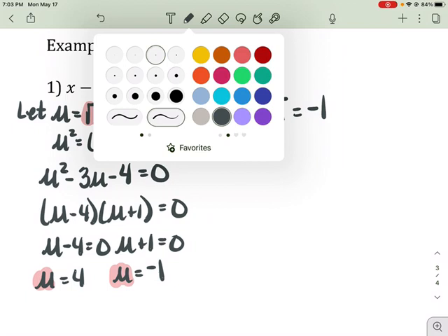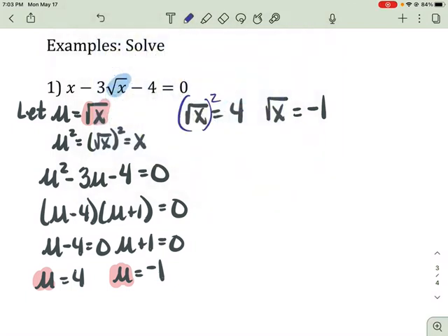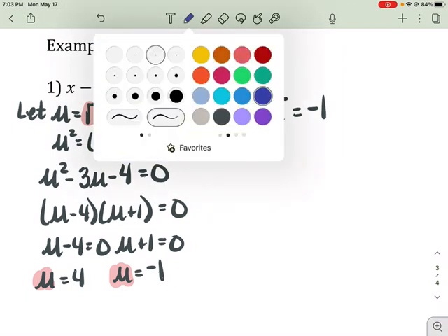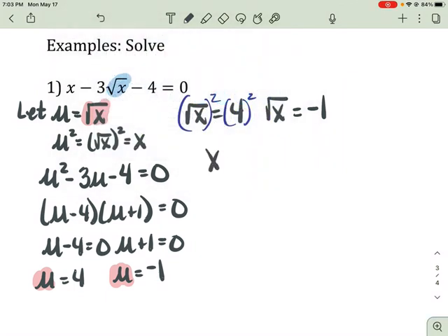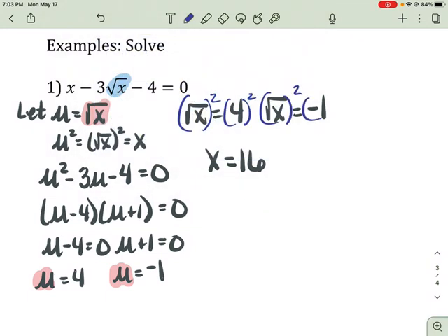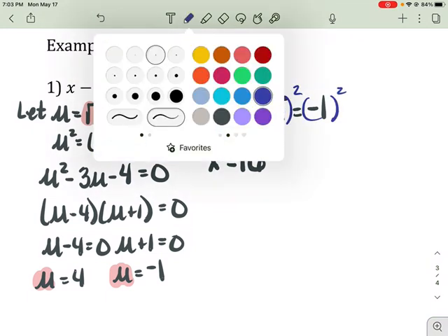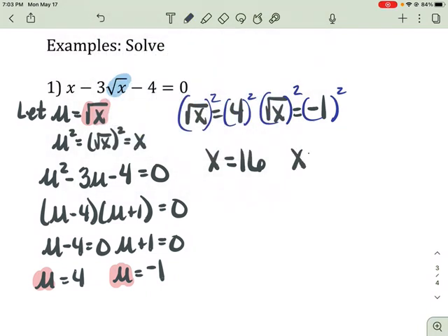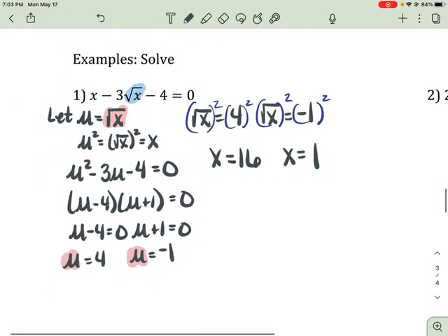Then we're going to square both sides to solve. A lot happening in this problem. So x is equal to 16. Now, when we square both sides here, we get x is equal to 1.